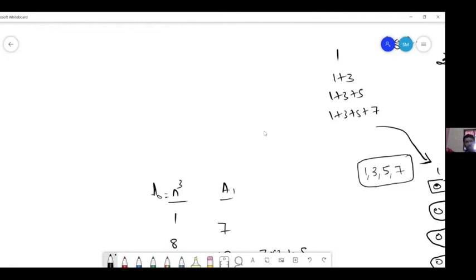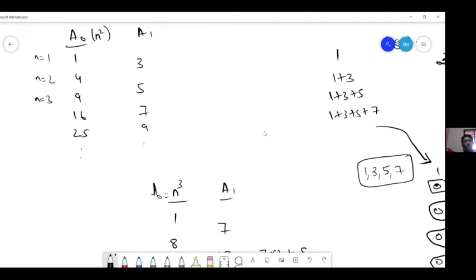So we will just try to see if we can give a formula that will generate the sequences. For example, when we take squares, this is 1, 4, 9, 16, 25, and so on. So this is basically n square. When n is equal to 1, I get this. When n is equal to 2, I get this, and so on. Now A1 happens to be 3, 5, 7, 9, and so on.